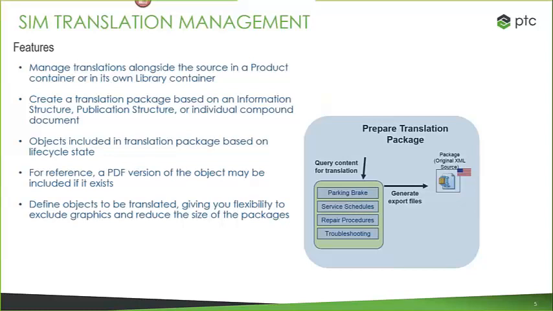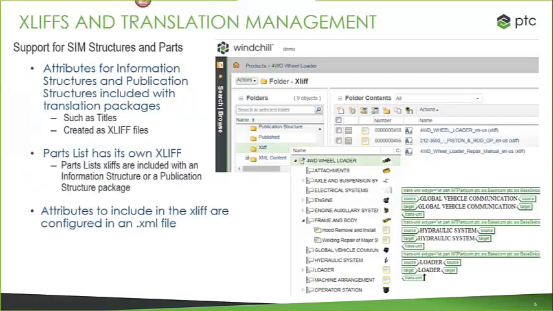I just want to speak a minute about XLIFF and how XLIFF is used in SIM translation management. Most of the content is stored as XML dynamic documents, and those documents will be included in the package as an individual file. So each topic, for instance, would be an individual file.